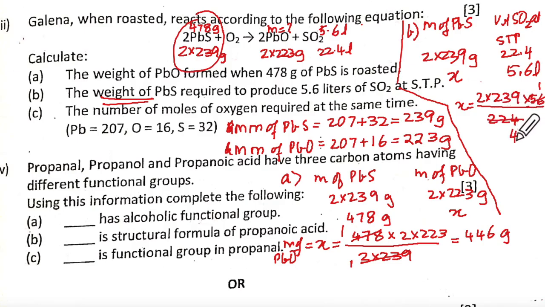So this will go 4 times. 239 upon 2. 2 1s, 2 9s, 18.5. 119.5. Very good. What will I write over here? Mass of PbS. I don't have space. Will you please write?